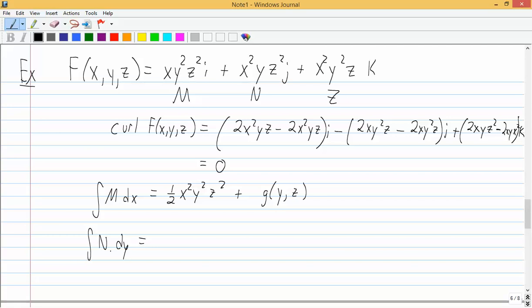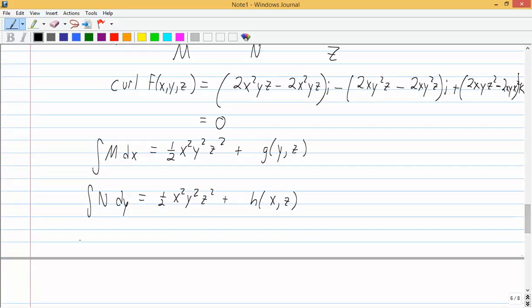Partial of n with respect to y: 1/2 x squared y squared z squared plus h of xz, and partial of p with respect to z.